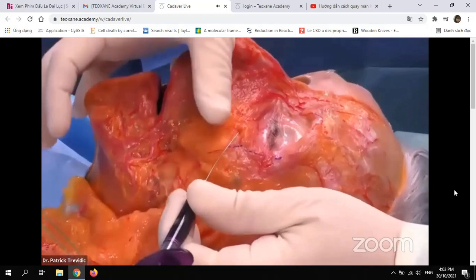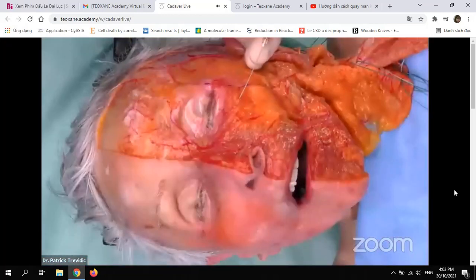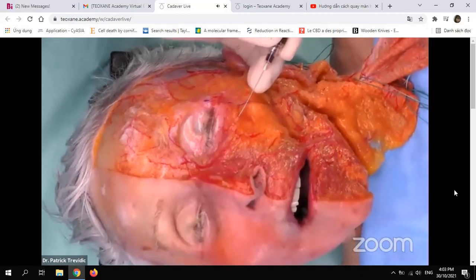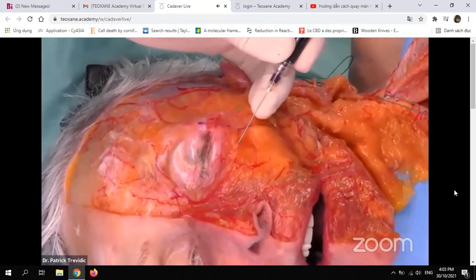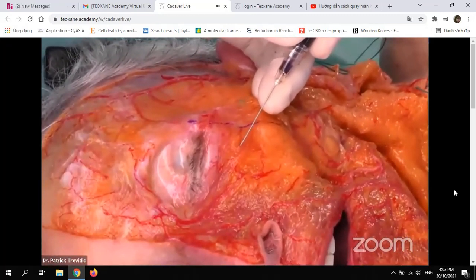And if we go face with the cadaver, you will see that my cannula is sliding on the bone, in the bone origin of my muscle here. You can see my cannula sliding on the bone.